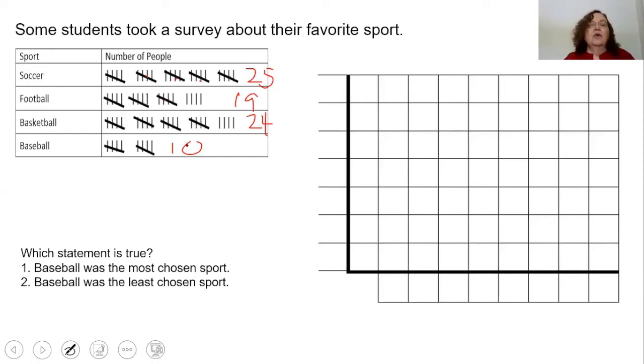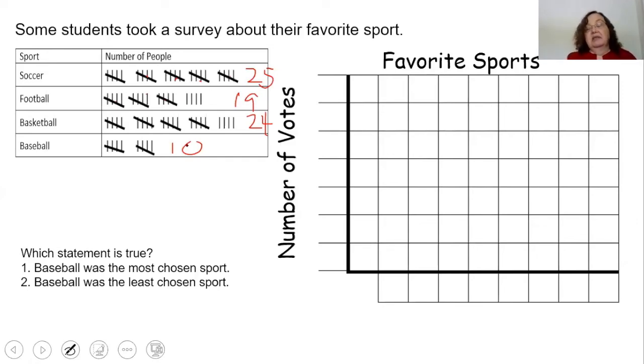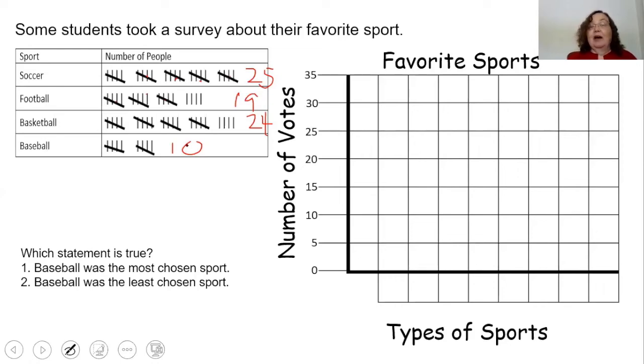And so what would you put as the title of this? Probably favorite sport, right? I need to label this side as the number of votes because that's who put it in. I'm going to label this the types of sports. And my increments, my scale, is going to be in 5s.